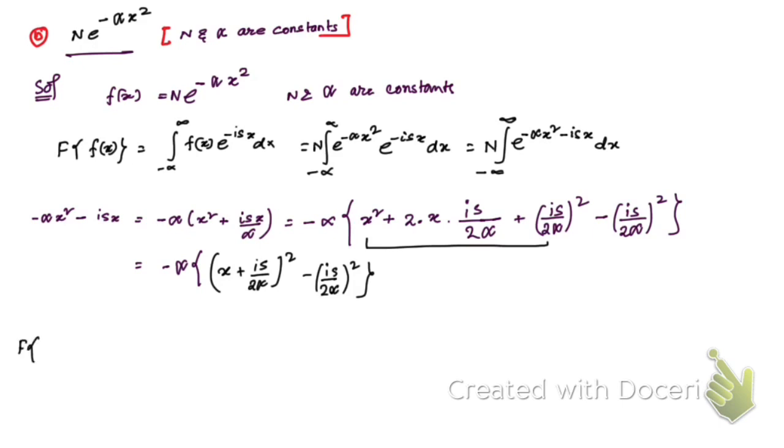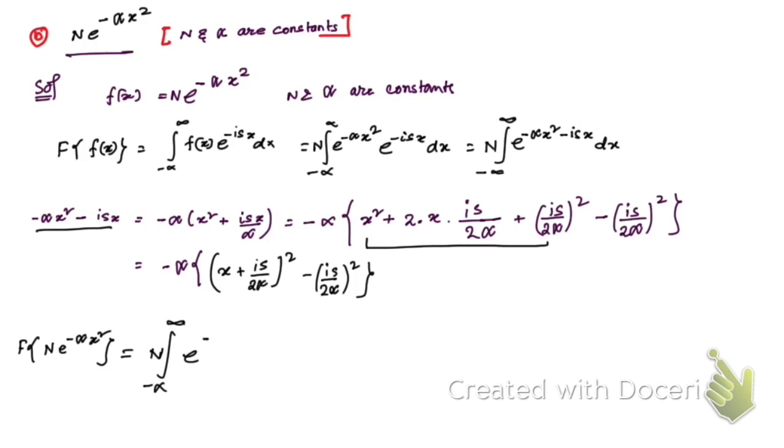Fourier transformation of the function f of x. F of x is nothing but n e to the power minus alpha x square. That's going to be equal to n into integration minus infinity to plus infinity e to the power. Now we have got this power in this form, so let's put it minus alpha.